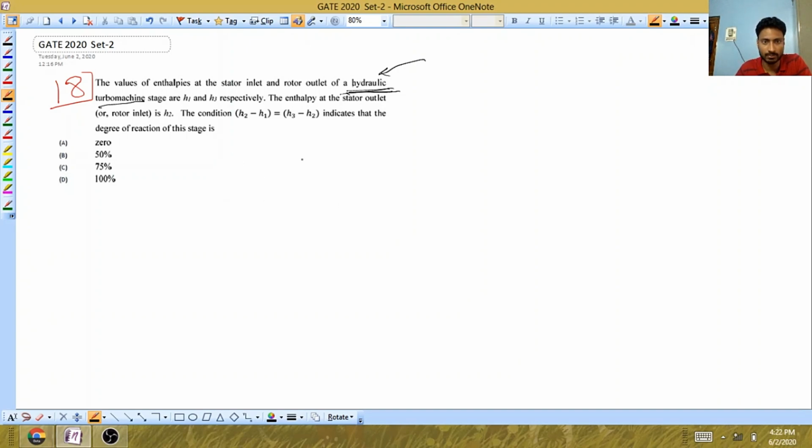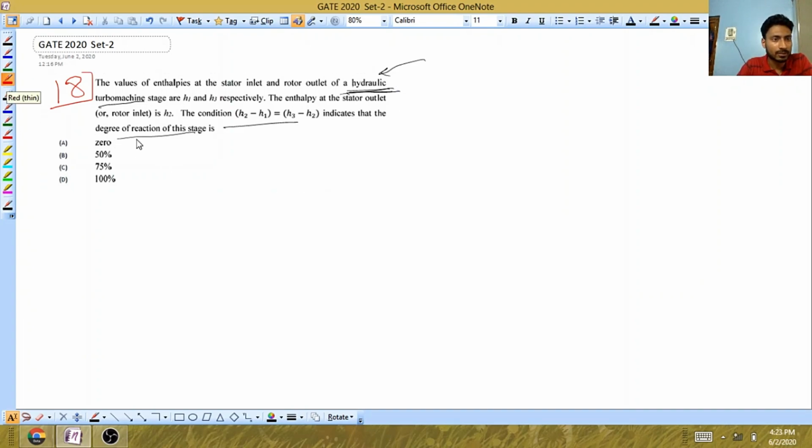They are saying that the values of enthalpy at the stator inlet and the rotor outlet of the turbine stage are H1 and H3. The enthalpy at the stator outlet, that means the rotor inlet, is H2. With the help of the condition they have given, we need to find the degree of reaction. So let us see how to solve this problem.